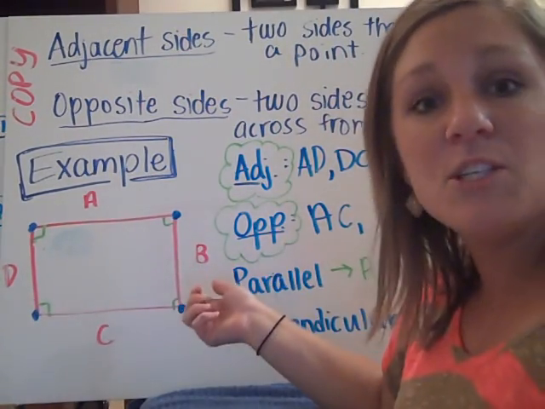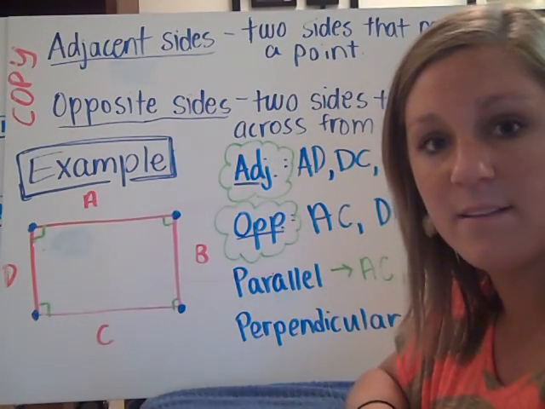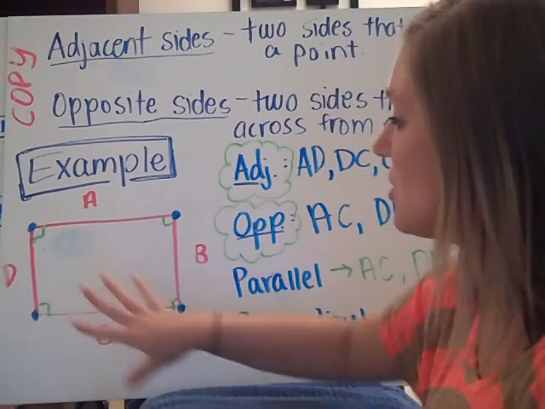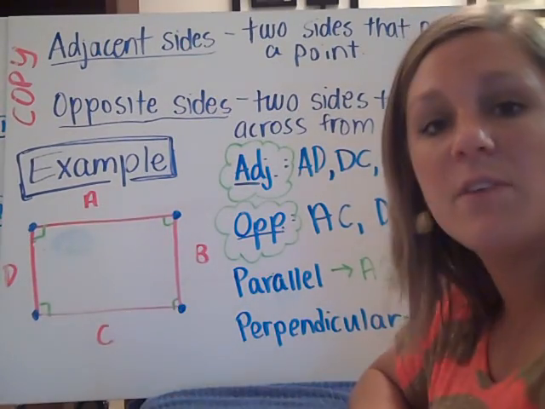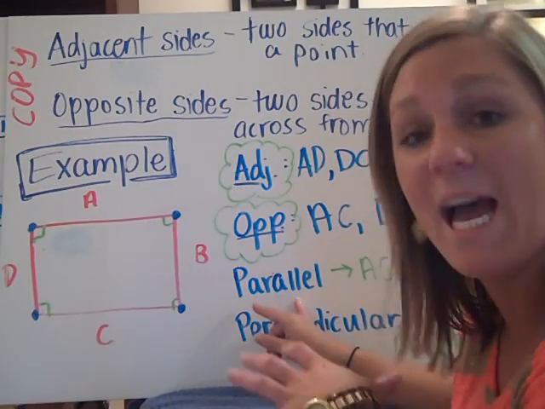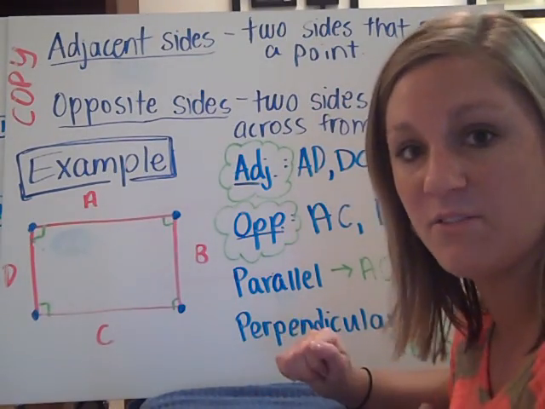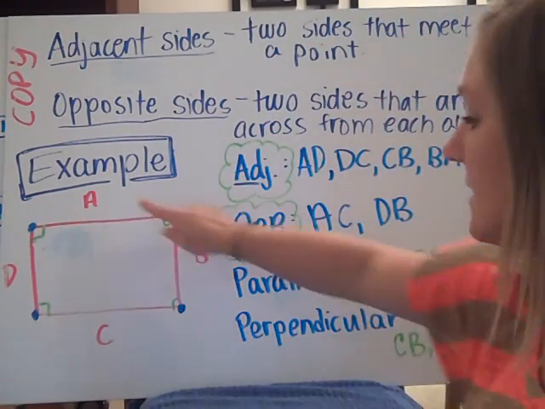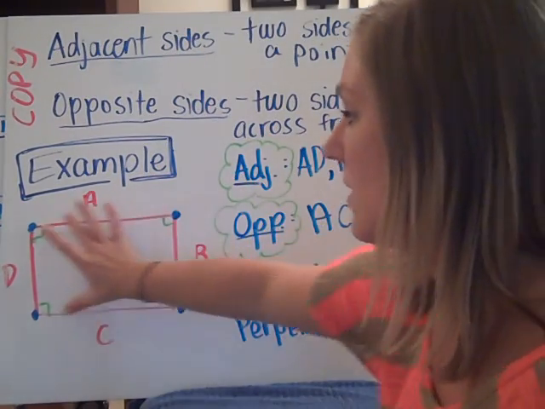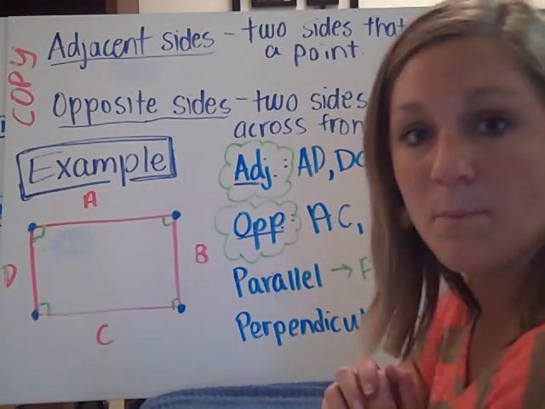Now, going back to what we just talked about with parallel lines and perpendicular lines, I want to pull that in. So let's look at this shape and see if we can figure out the parallel lines. Again, parallel means two lines that will never ever touch, and they're the same distance from one another. So A and C, these are never going to touch, and they're the same distance apart.